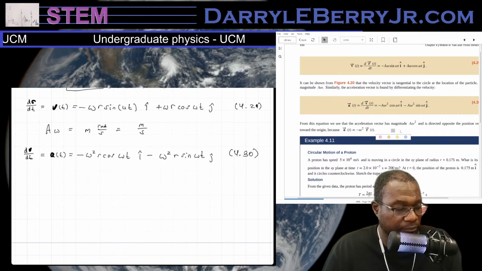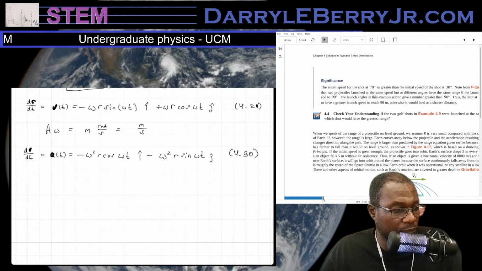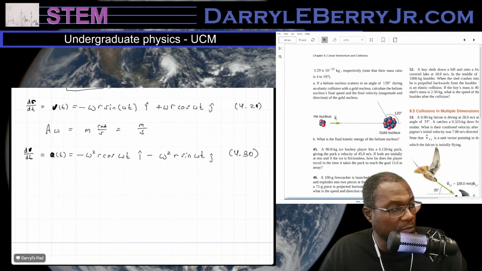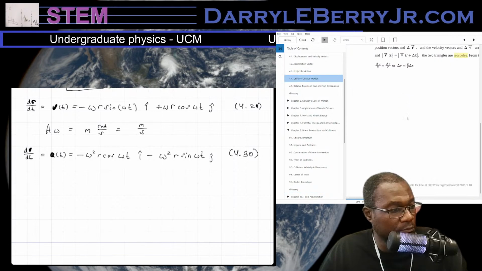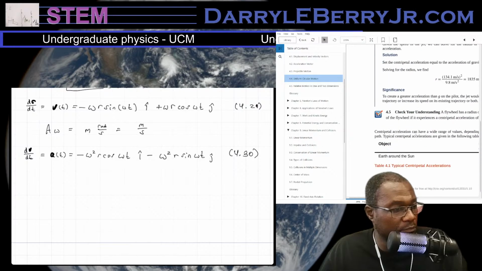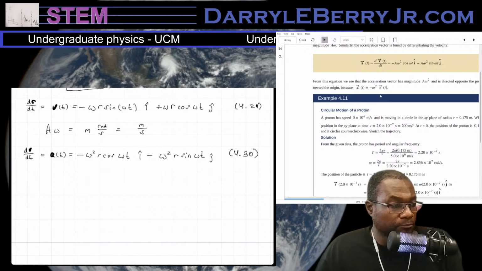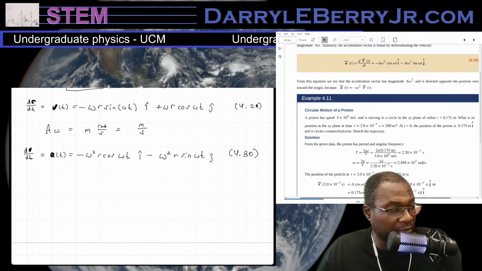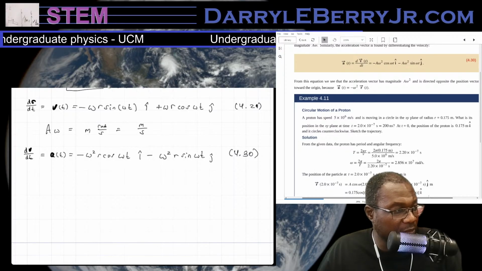Makes sense. And it's directed opposite the position vector towards the origin, because a equals negative omega squared r(t).